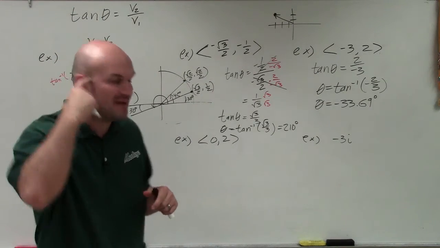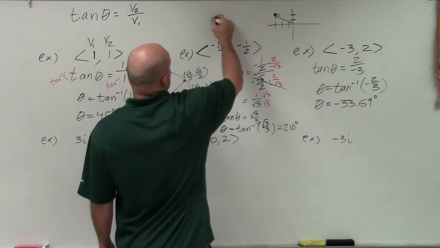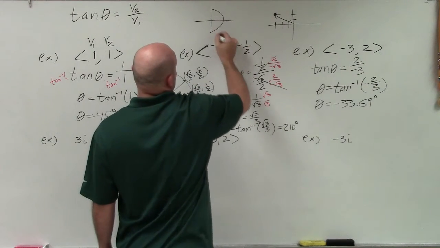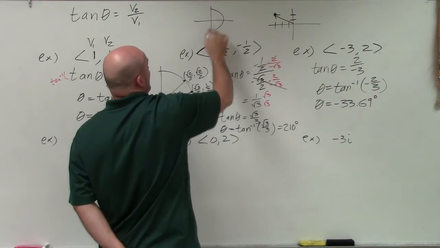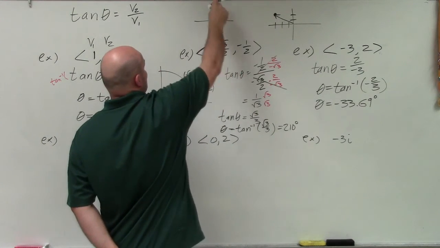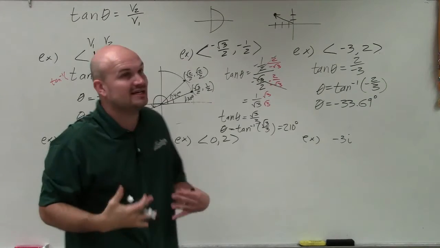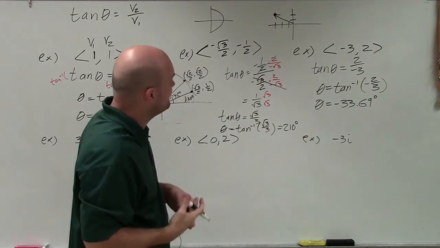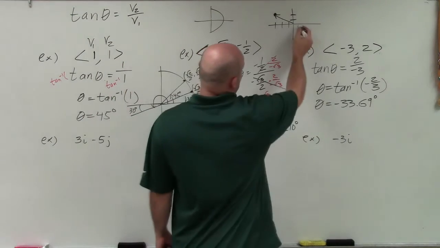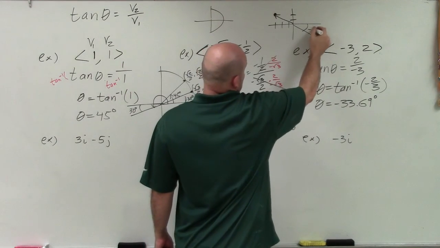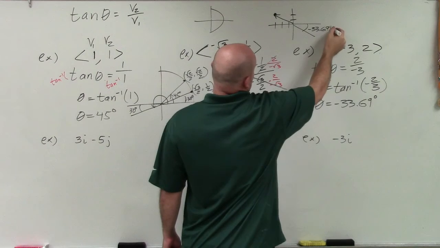Well, we have to remember that inverse tangent has a range of only between negative 90 and positive 90. That means it's only going to give us a value between the negative degrees and the positive degrees. So basically it's saying that's negative 33.69 degrees.